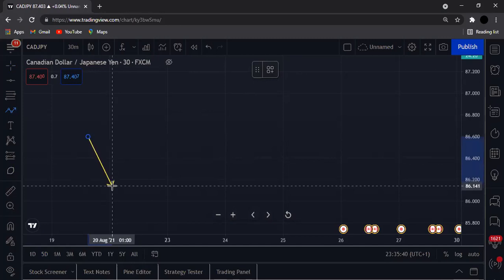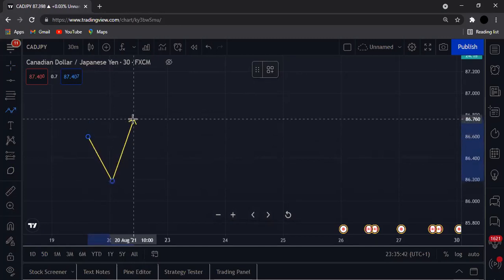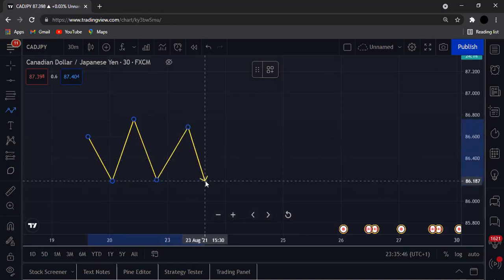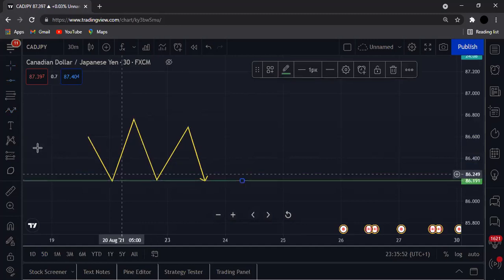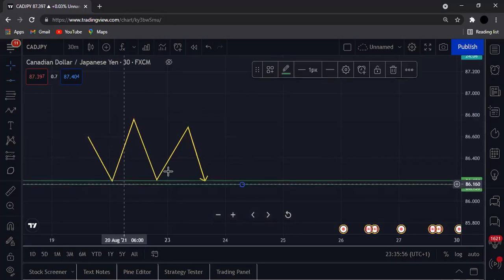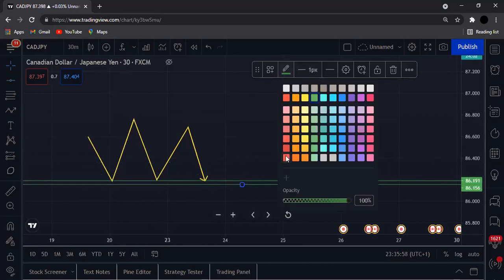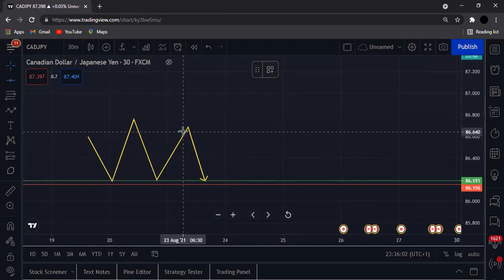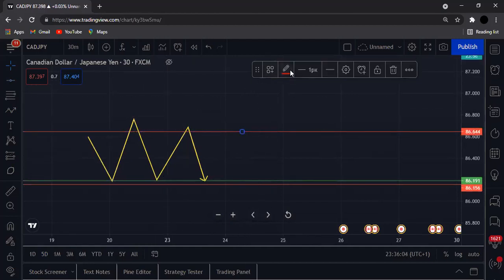You have the market coming this way, bounces up, this way bounces up, this way. So now they would place a buy trade here, then have their stop loss somewhere around here, which is too close. Then they will have their take profit somewhere around here.